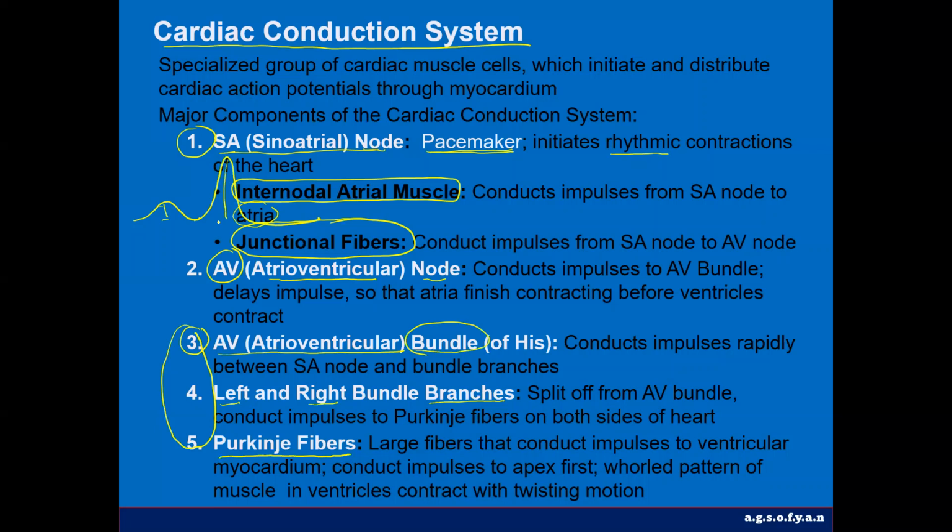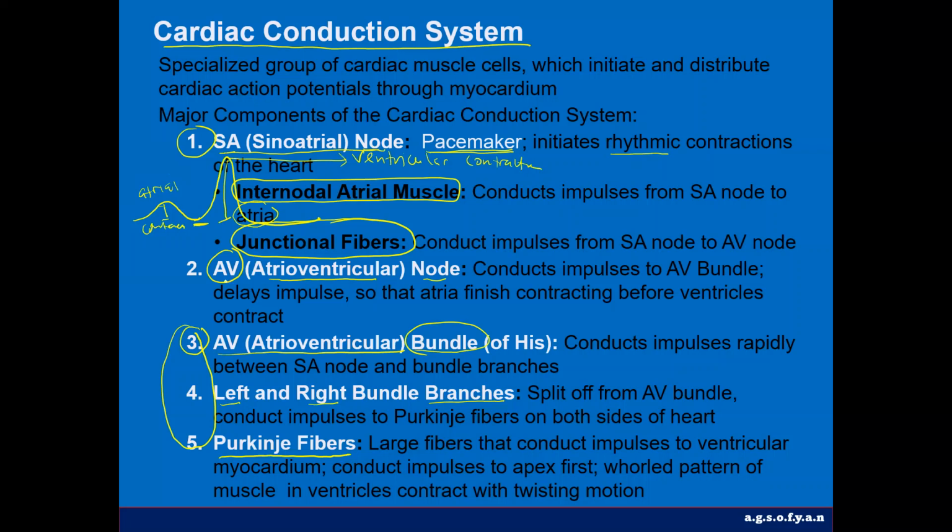So if you see these two contractions, the atrial contraction will be followed by the ventricular contraction, and there is a little bit of delay between the atrial contraction and the ventricular contraction.